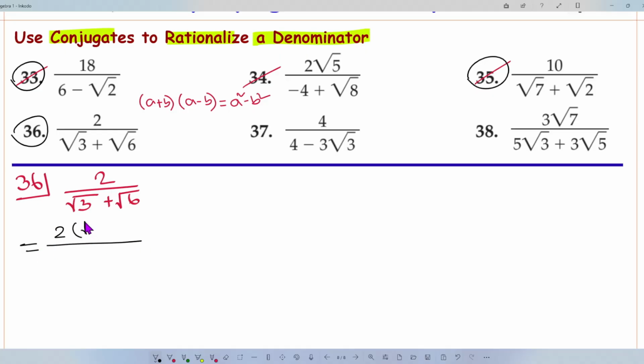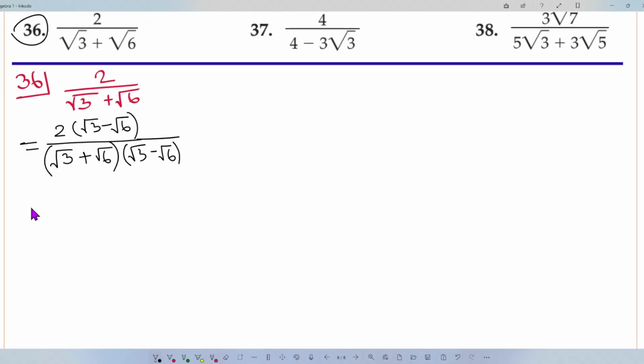2 times (root 3 minus root 6) divided by (root 3 plus root 6) times (root 3 minus root 6). Okay, then here is 2 root 3 minus root 6, and this one is (a plus b) times (a minus b), so we can write a square, it means root 3 square minus root 6 square.